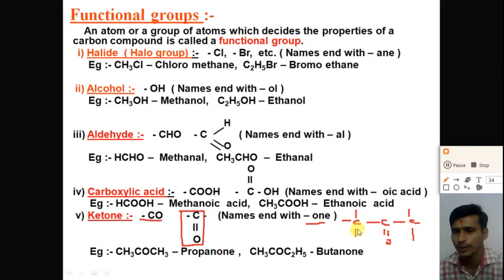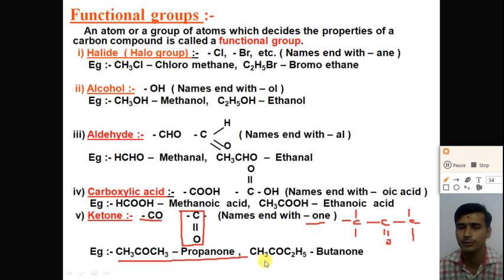So here the molecular formula is C, this carbon atom C connected with the single bond with the 3 hydrogen atoms, right? So CH3, CO, CH3. Here 3 carbon atoms are there. So its name is CH3, CO, CH3, that is the propanone, right?